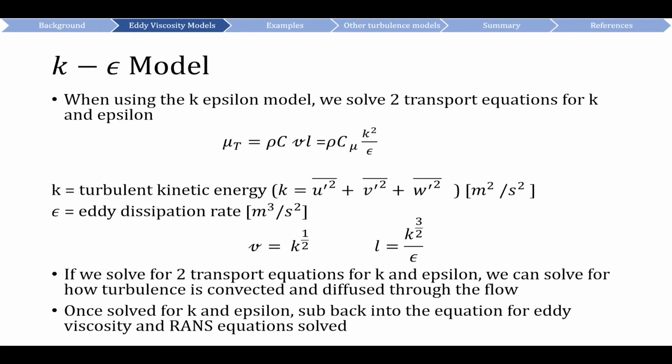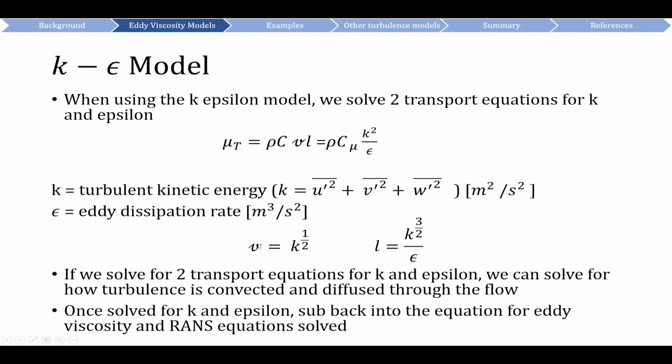I've put these relations on the screen to show that at the end of the day what we really are trying to do is solve for the eddy viscosity. But if I can solve a transport equation for k and epsilon, I can figure out how turbulent quantities change throughout the flow and then use that to solve for my eddy viscosity and solve for my RANS equations.